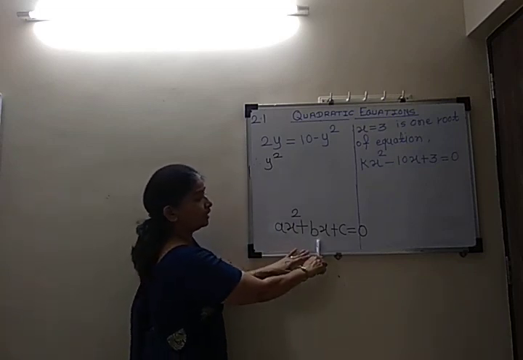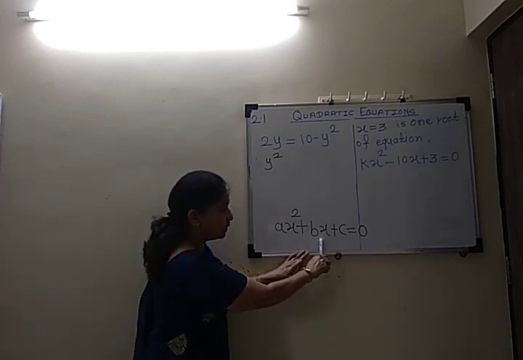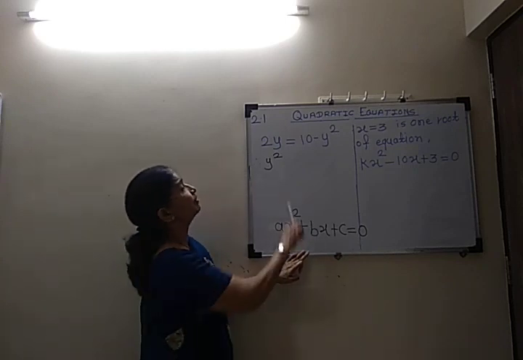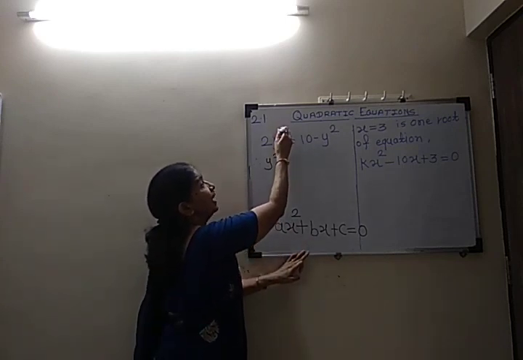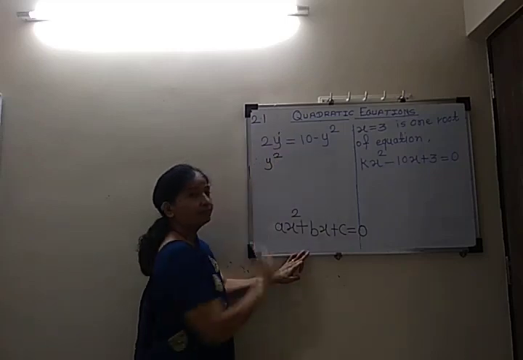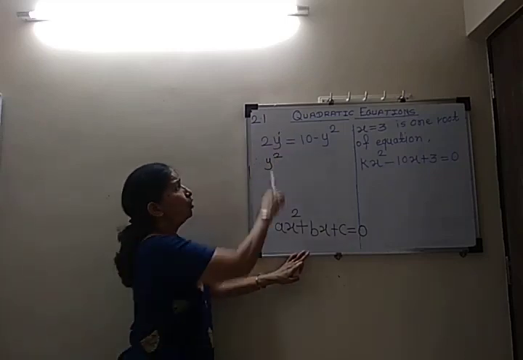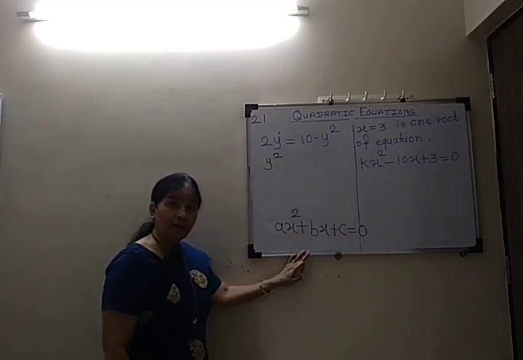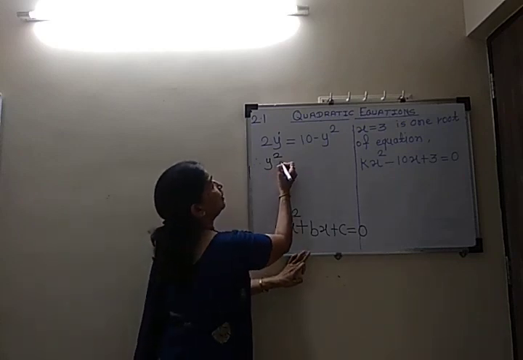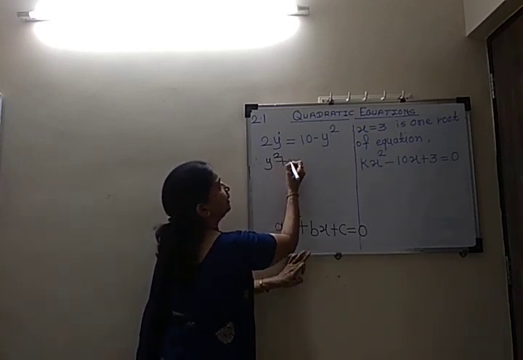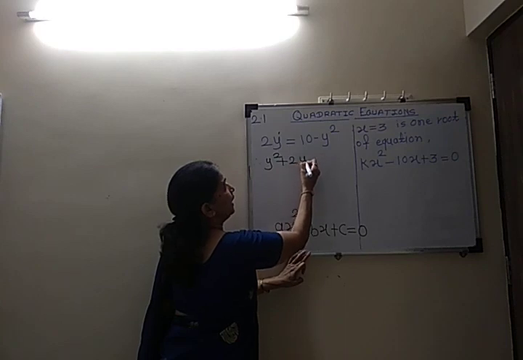Bx means the middle term, that of which index is 1. So, may I write here 2y? Yes. So, I wrote here y square plus 2y.